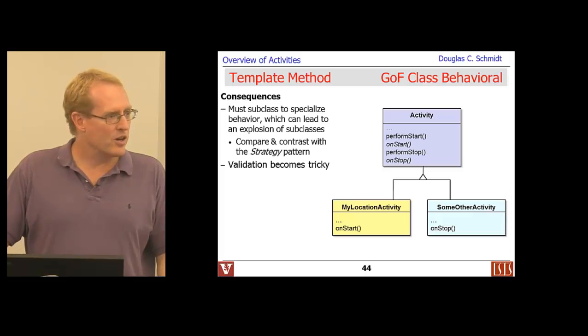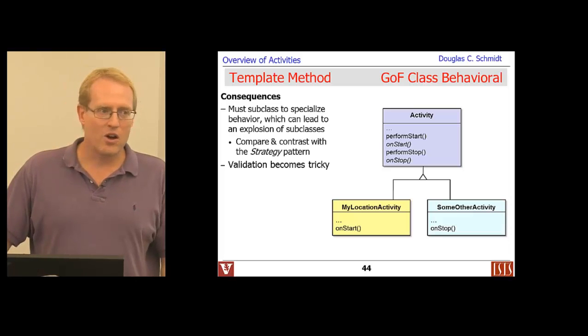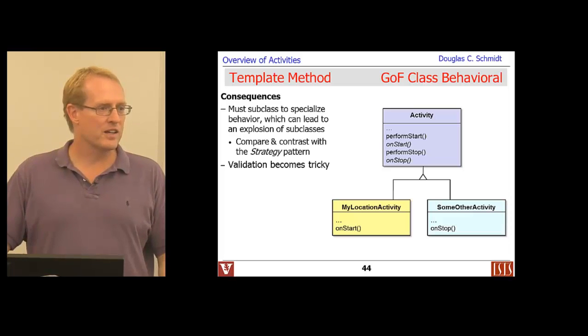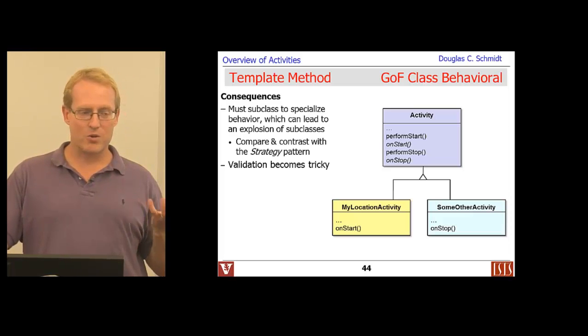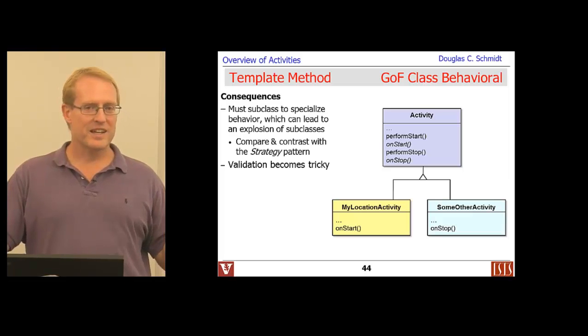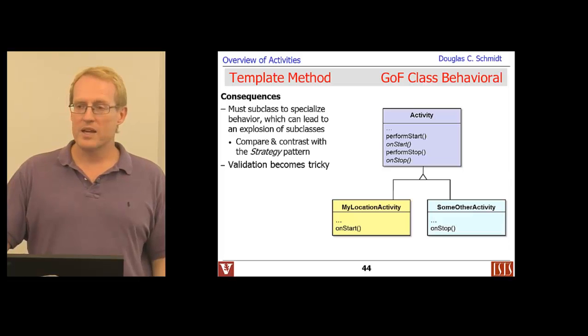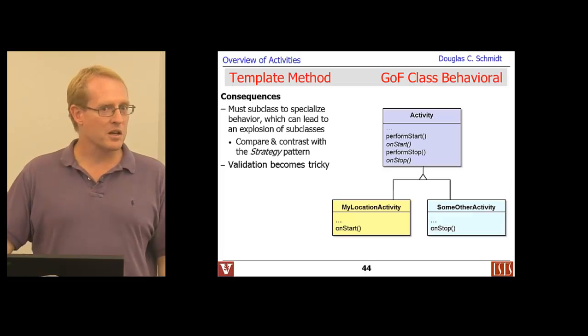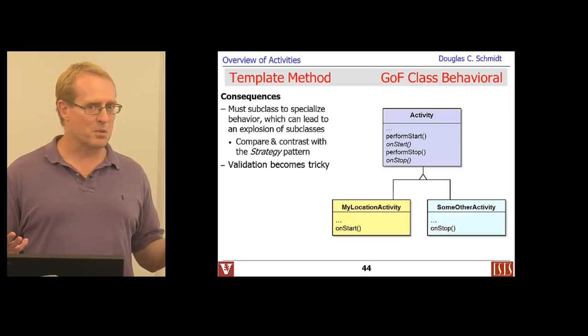So it's hard to figure out whether or not the framework is correct if part of its behavior depends on callbacks to user-defined code. Verification and validation become trickier because the correctness of the reusable stuff is to some extent dependent on the correct behavior of the thing you're calling back to. Now, that's nothing to be alarmed about.